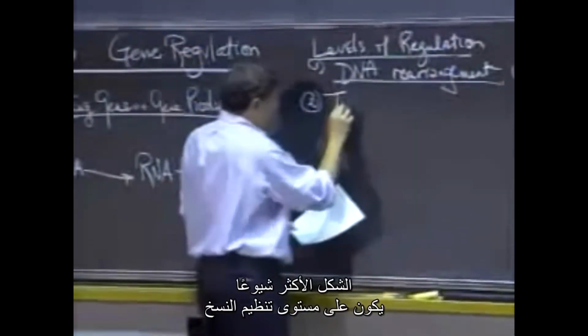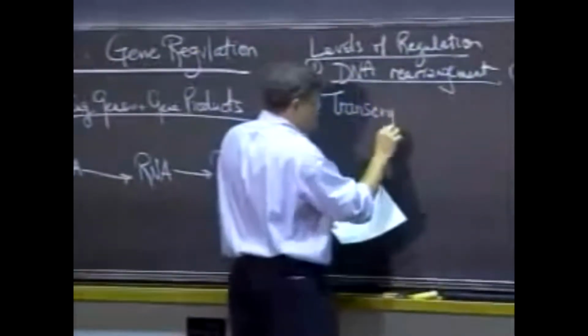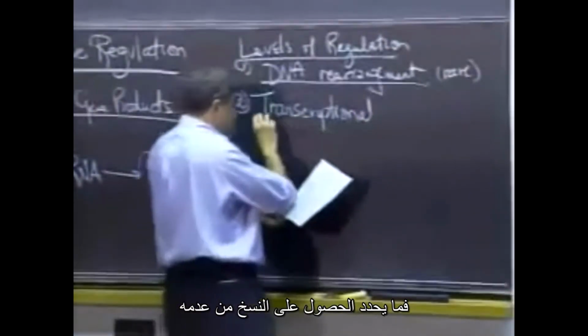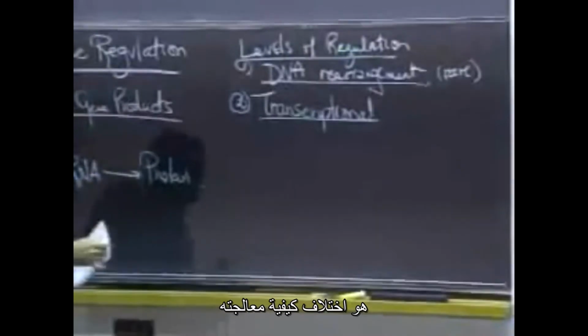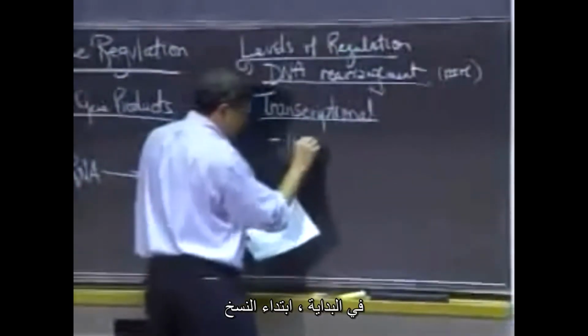The most common form is at the level of transcriptional regulation, where whether or not a transcript gets made, how it's processed, can be different. First off, the initiation of transcription.